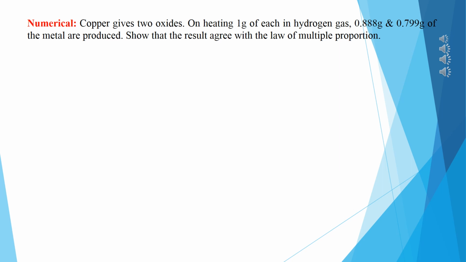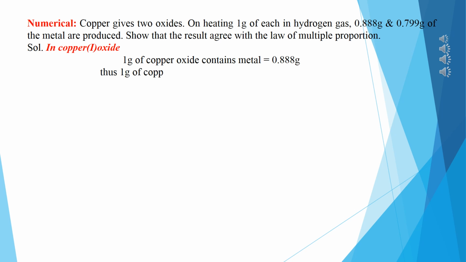In copper 1 oxide, 1 gram of copper oxide contains metal, that is given as 0.888 gram. Thus 1 gram of copper oxide contains oxygen: we have to subtract the weight of metal from 1, that comes out to be 0.112 gram.